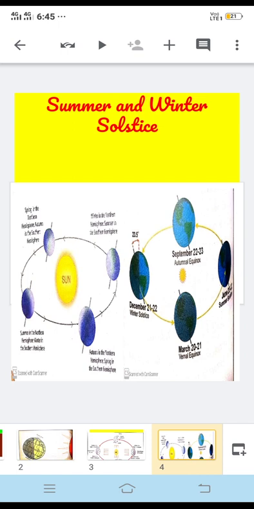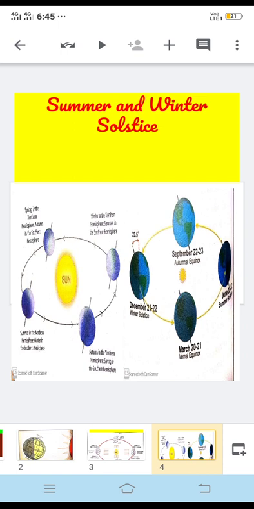So the globe or earth, if we want to divide it, can be divided into two equal halves. The upper half we call the northern hemisphere, and the half that is to the south of the globe or the earth is known as the southern hemisphere. Northern hemisphere and southern hemisphere.